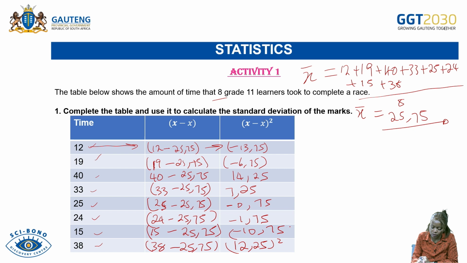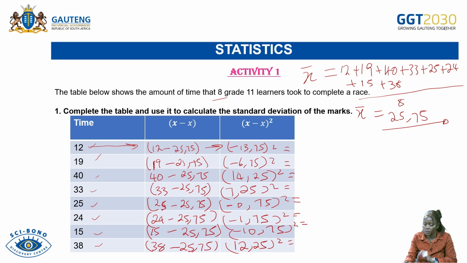So don't forget, you are squaring, and when you are squaring, make sure you put everything inside the bracket. Okay, so I'll start with the first one, negative 13.75, and then I square, I get 189.0625.